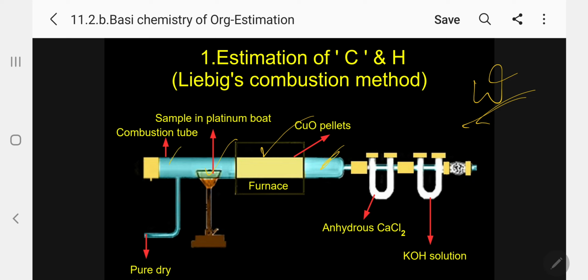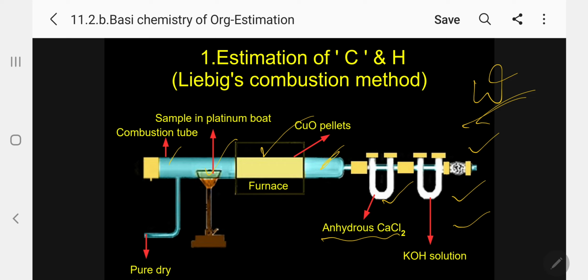Before starting the experiment, disconnect the two U-tubes. One U-tube contains anhydrous calcium chloride, another U-tube contains potassium hydroxide solution, connected with a guard tube of anhydrous calcium chloride so that no moisture will come inside.